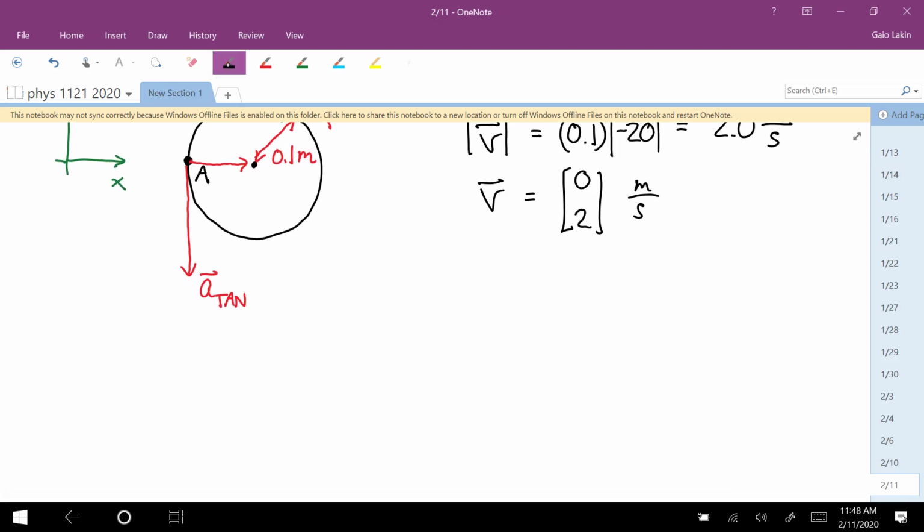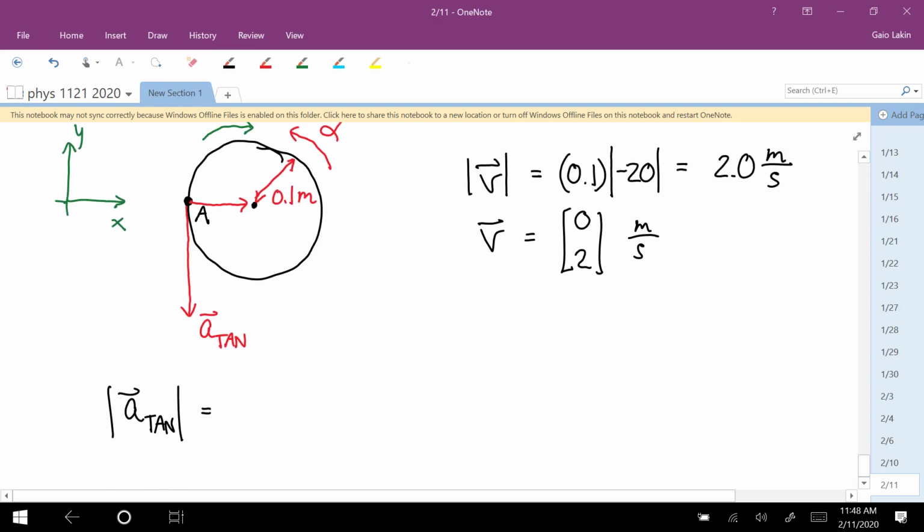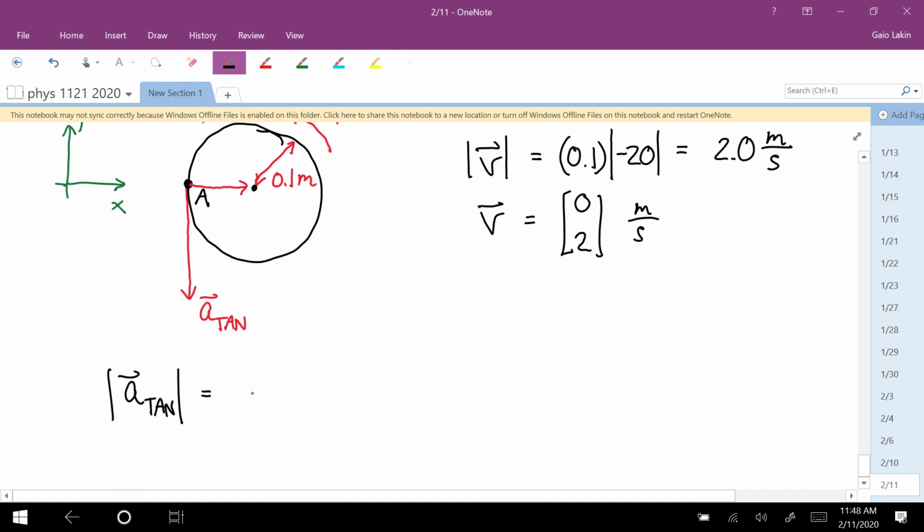Okay, now what about the tangential acceleration? So the magnitude of the tangential acceleration is r times the magnitude of the angular acceleration.